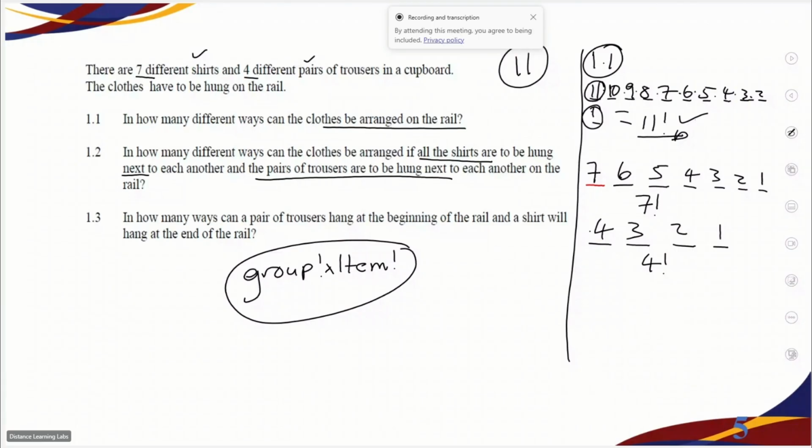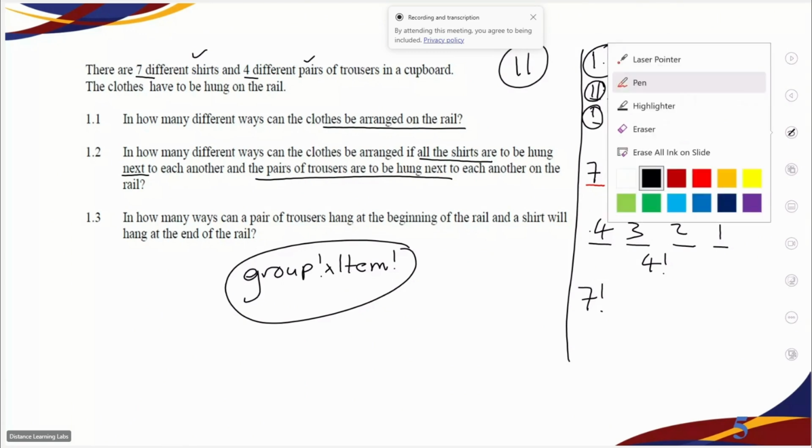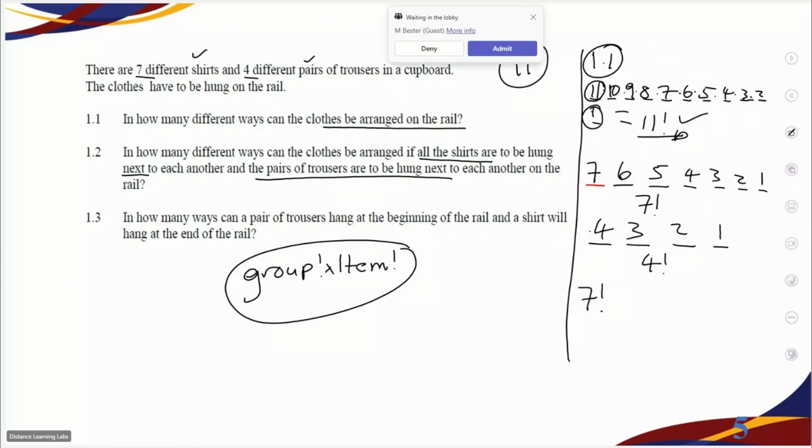And then for the groups, we have 2 groups. That is 7 factorial for the shirts, multiplied by 4 factorial for the trousers. Then we multiply it by the number of items that we have.